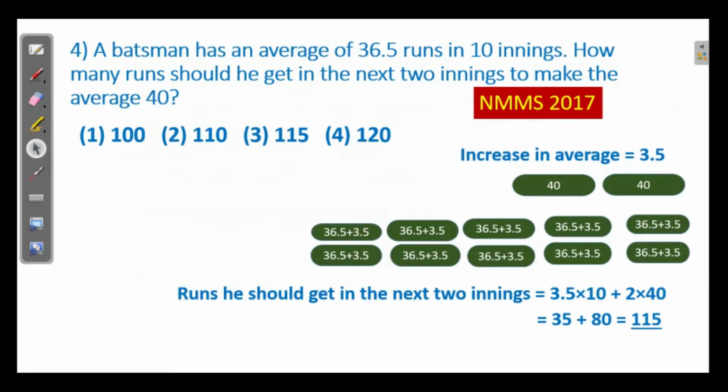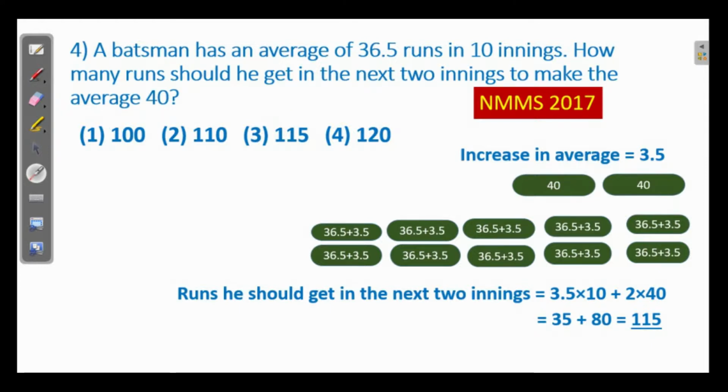Okay. A batsman has an average of 36.5 runs in 10 innings. How many runs should he get in the next 2 innings to make the average 40? That you have learned. To find it out in mind, increase in average is equal to 3.5. That is, he should get in the next 2 innings to make the average 40.